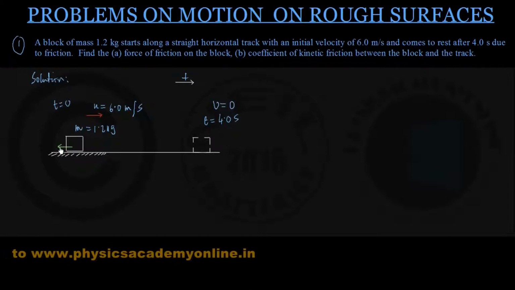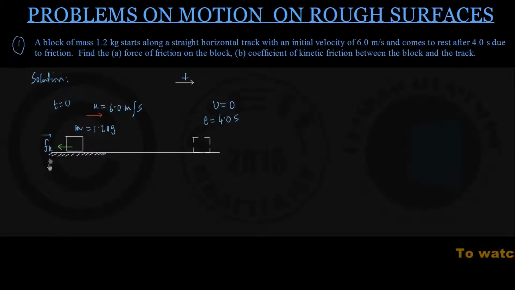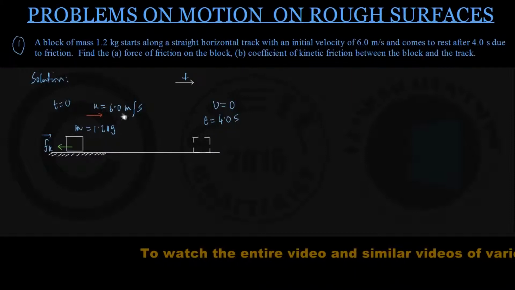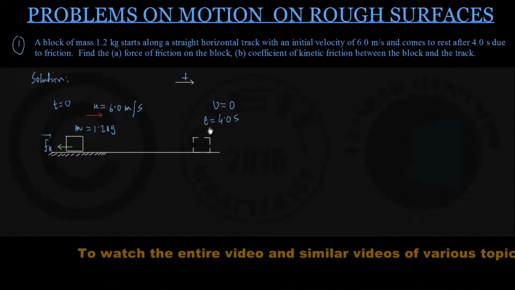Let us take the rightward direction to be positive. As the block moves under this frictional force, this force will be kinetic friction because the block is indeed in motion. The frictional force being to the left, resisting the motion to the right, gives an acceleration that is negative. That's retardation on the block, because of which the velocity comes down from 6 meters per second to 0 after a time t.